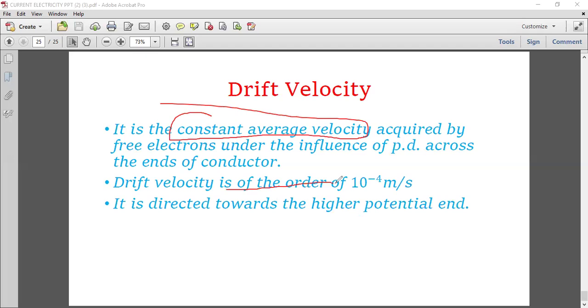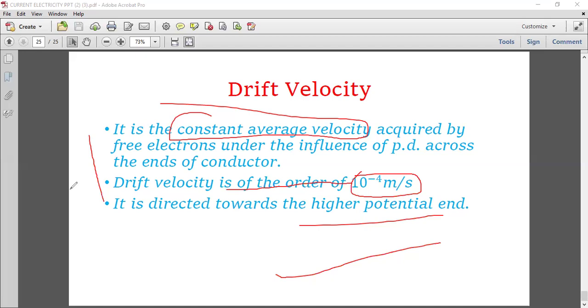What is the magnitude? 10 की power minus 4 meter per second, means 0.1 millimeter per second. Now, what will be its direction? It is directed towards the higher potential, क्योंकि free electron कहाँ से कहाँ जाते हैं? Low potential से high potential. So this is all about the drift velocity.